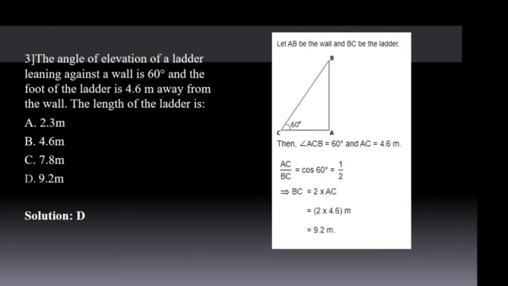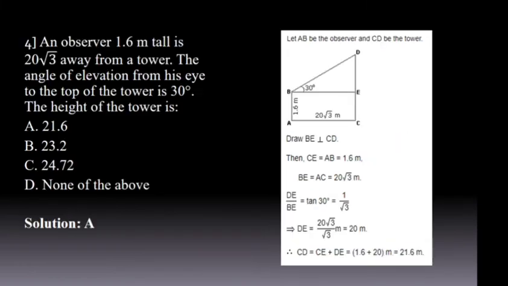So you have to write sine in terms of the opposite side and the hypotenuse. Substitute the given values, you will get the required answer. Okay, so understanding of the problem and expressing it in terms of the figure is very important. Once you are able to visualize the problem, the rest of the things are simple.